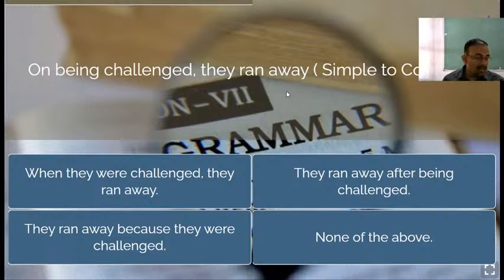No, I did not mention because while giving you instances of connectors of the complex sentence. As I did not mention because as one of the connectors, option 3 can straightaway be ruled out.